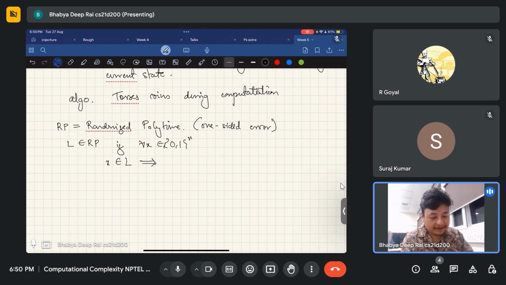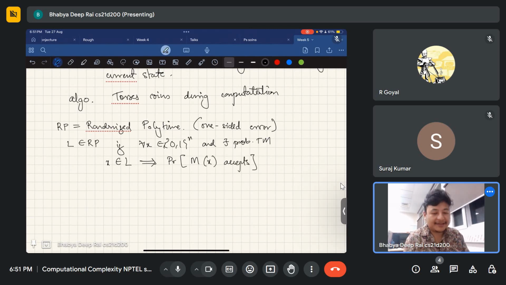There exists a probabilistic Turing machine M, which means it will toss random coins on the way. If x is in L, then the probability that M on x accepts, since it's randomized, there is a probability involved.